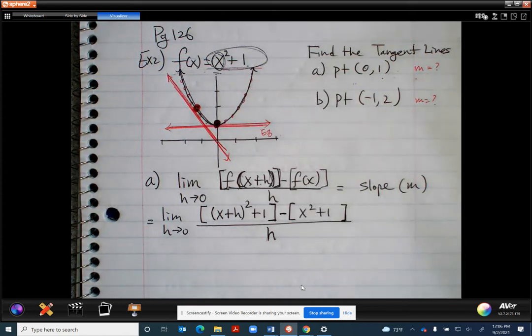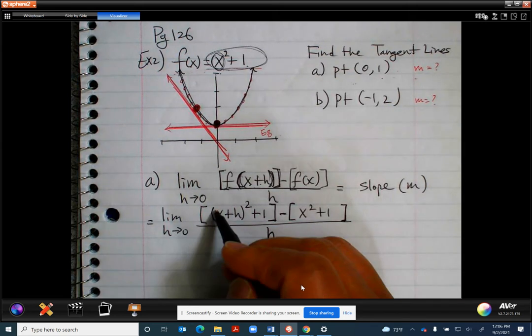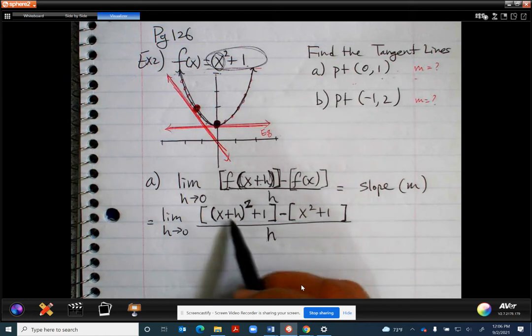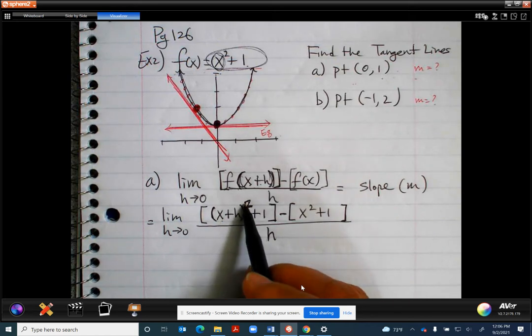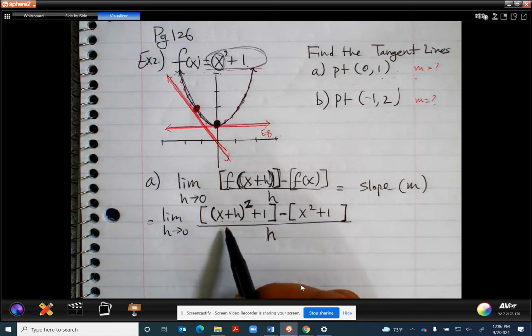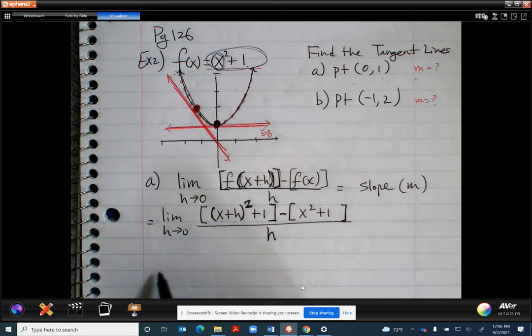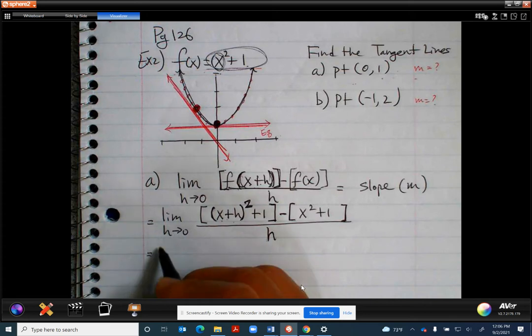Like the simplifying method? So remember I told you in this class, in calculus, you should know how to FOIL. Do you see this? X plus h squared means x plus h times x plus h. Isn't that it? Right? So can you FOIL this in your head without showing any step? We should be able to do that. So go ahead and do that. So we have limit as h goes to 0.